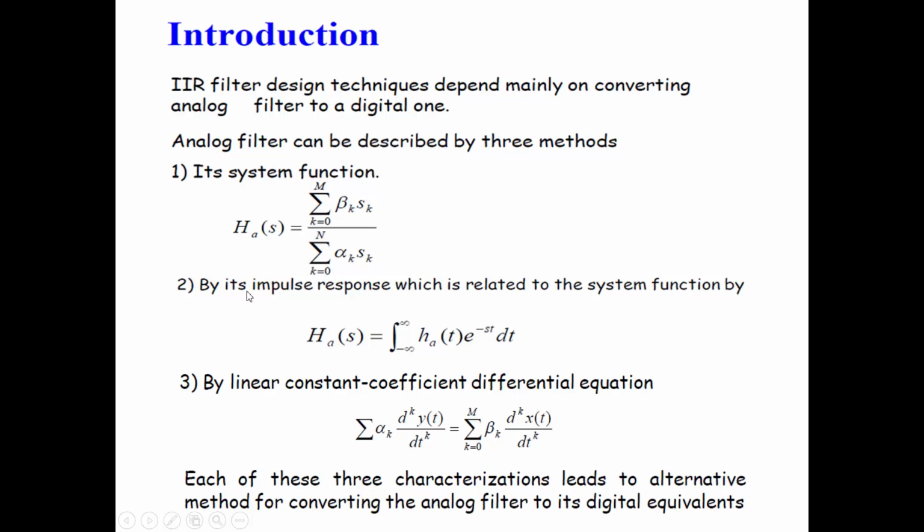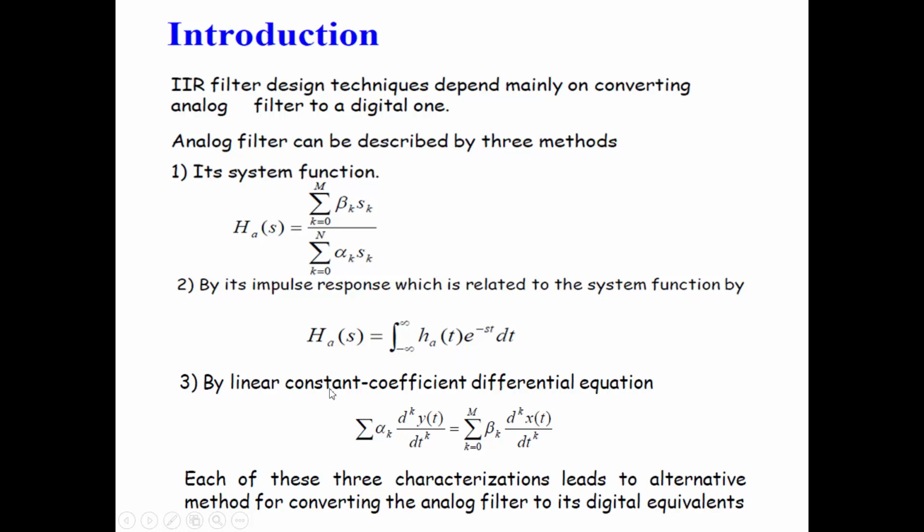The second method is by its impulse response. You see here the system function H(s) is related with its impulse response h(t) through this integral, going from minus infinity to infinity, h(t) e to the power minus st dt.